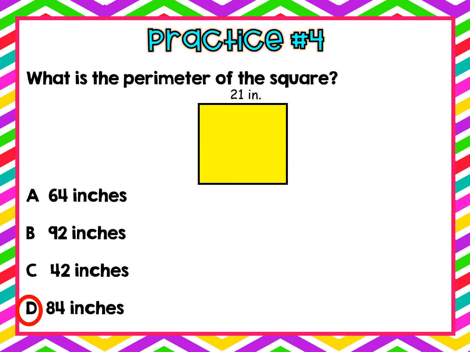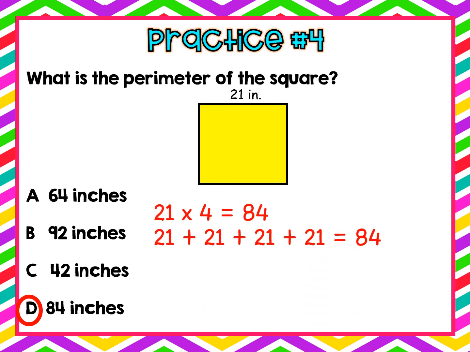The perimeter of the square is 84 inches because 21 times 4 equals 84. And 21 plus 21 plus 21 plus 21 equals 84.